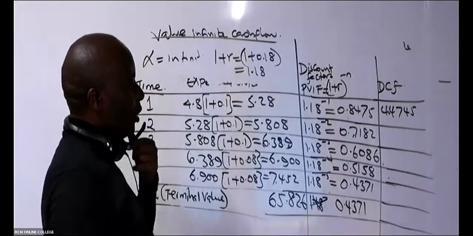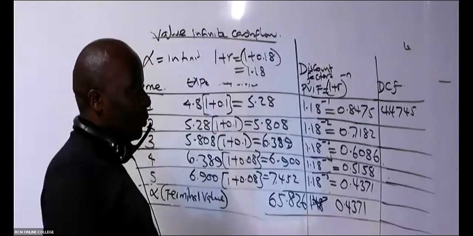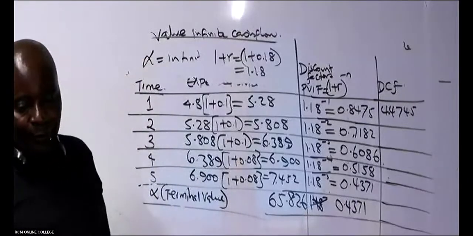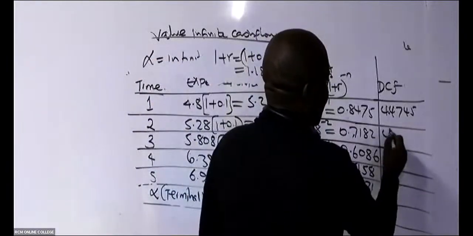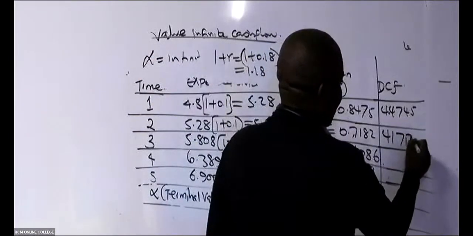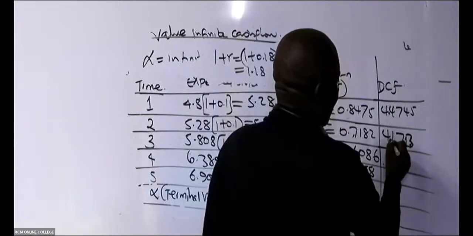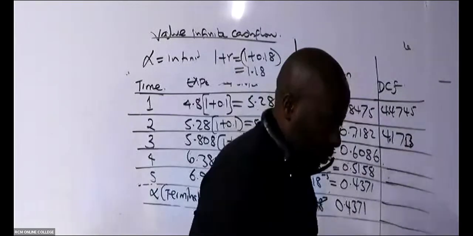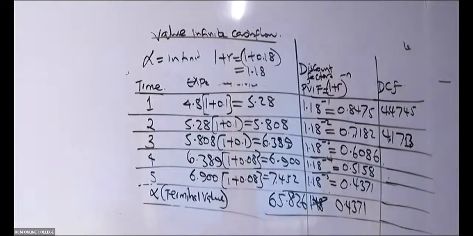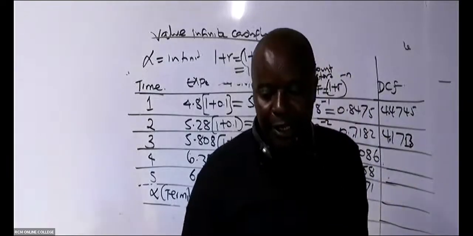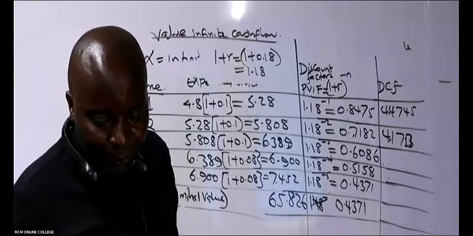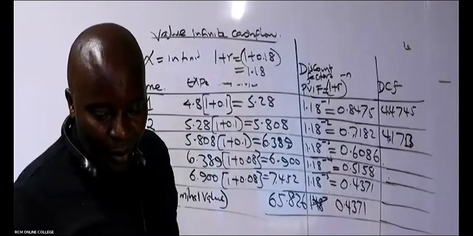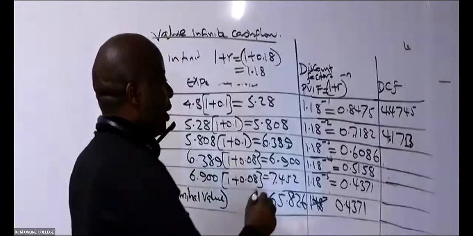The second one will be 5808 times 0.7182. 41,713, decimal there. Okay. So the second last, ladies and gentlemen, what do we have there? 38,883.